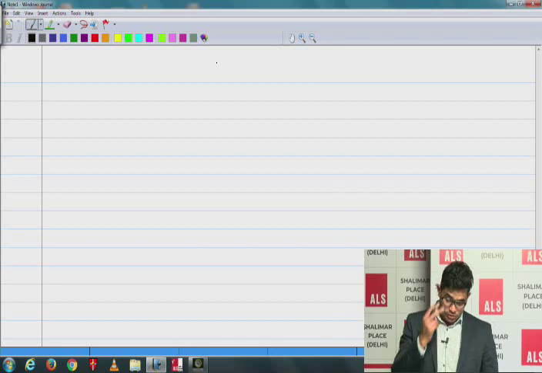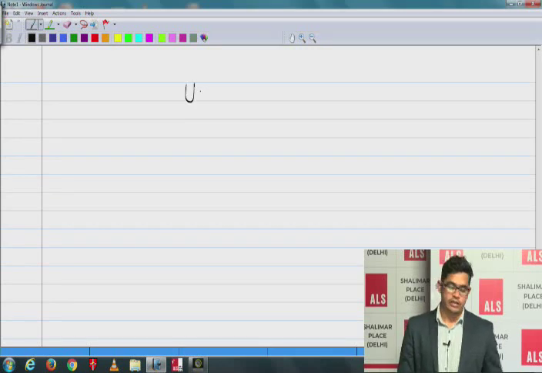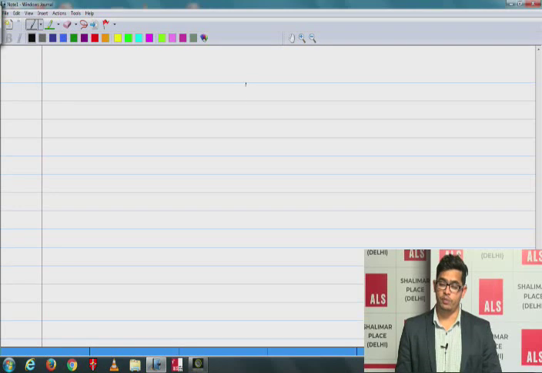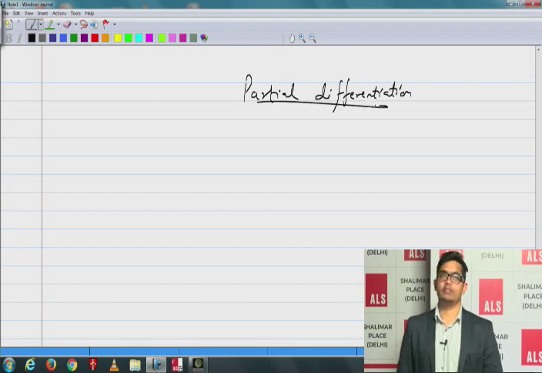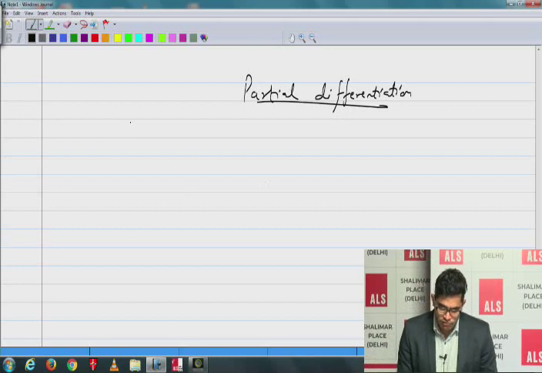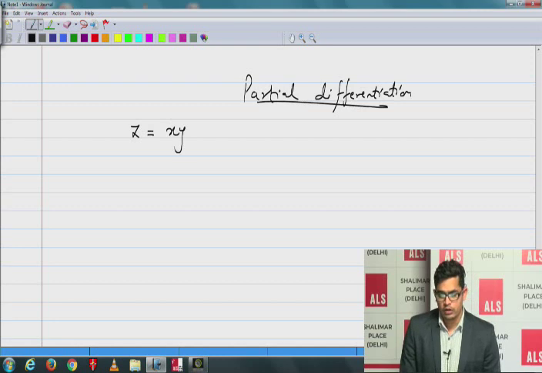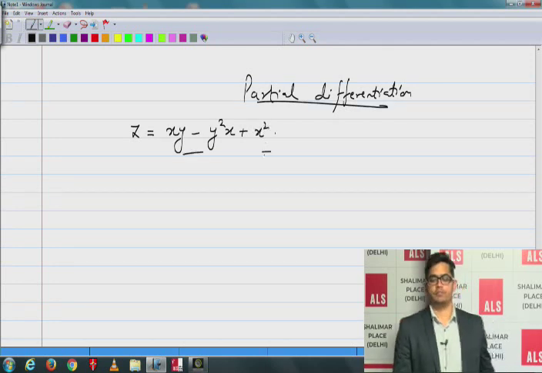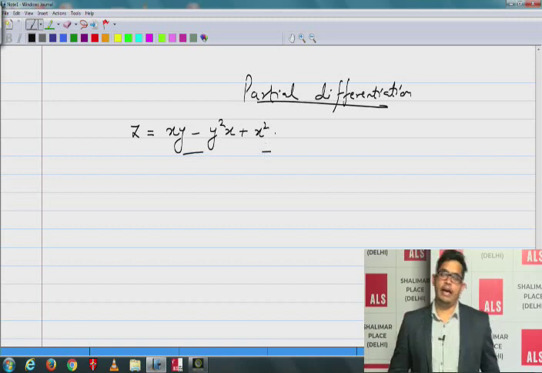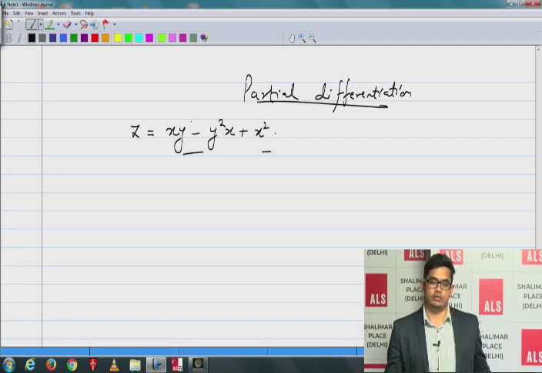Okay, let's do this question. What is partial differentiation? Imagine we have z as a function of x and y. Suppose this is a function. Z, x, y, everything is variable, nothing is constant.